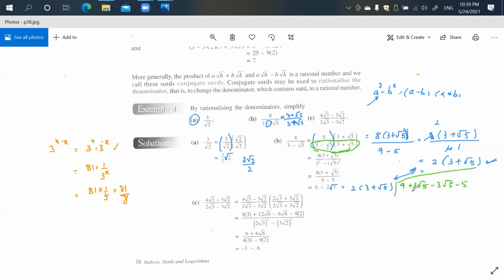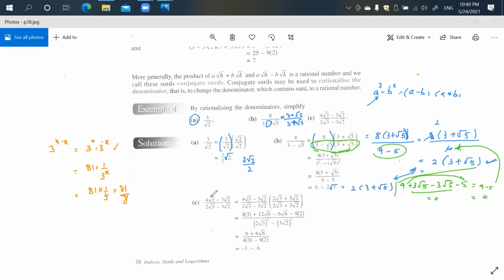So this one plus 3 root 5 minus 3 root 5 becomes 0. So you left 9 minus 5. So equal to 4. Same as at the top here.